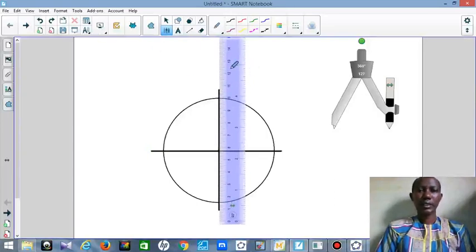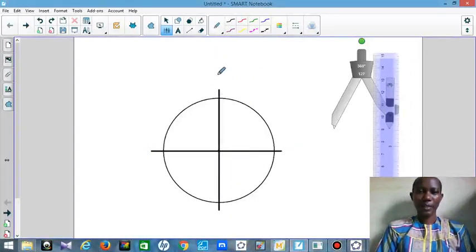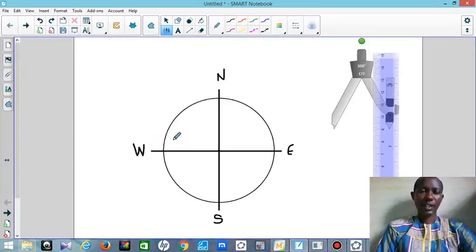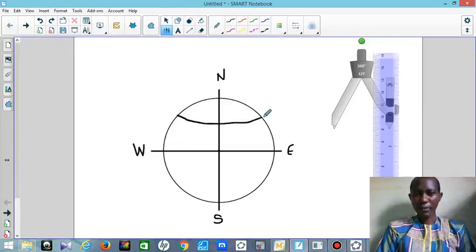Then you label your north, south, east, and west. Then you start with 40 degrees north. You make your line, and make sure you label it 40 degrees north.